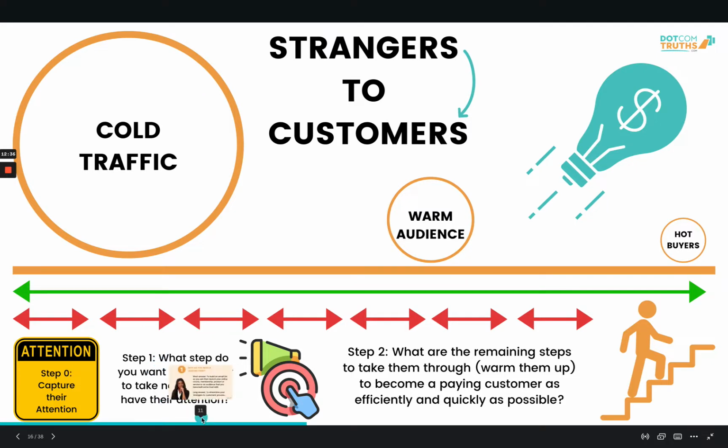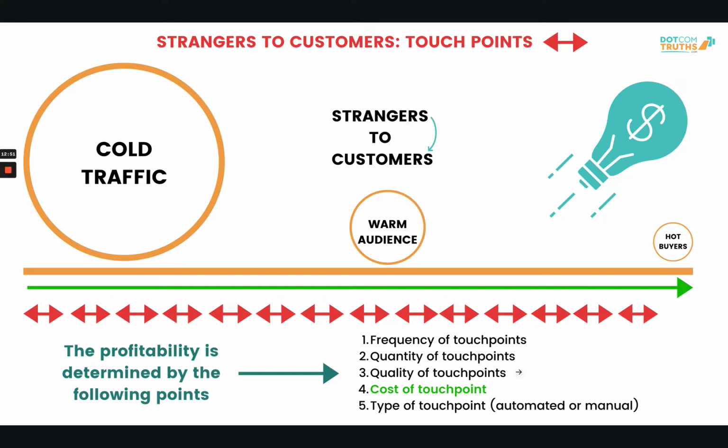Step 1 is, now we have your attention, what do you want to do with them? And step 2 is, what are the remaining steps to take them through and warm them up, so to speak, to become paying customers. There are many steps, but this is not really the topic of this conversation right now.